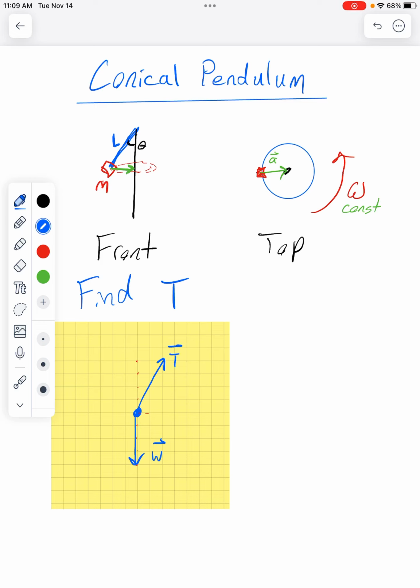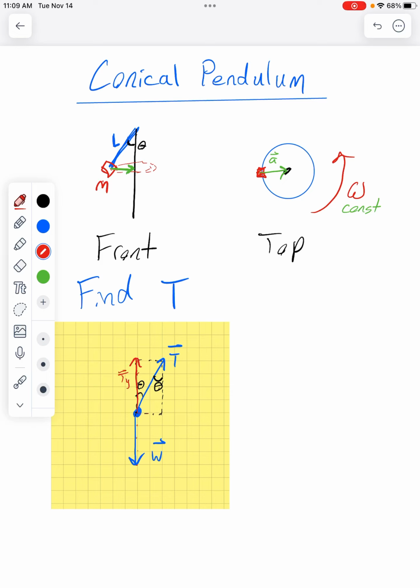So here we have the tension vector, and if we look at the angles in these triangles, we see that this is the angle theta, and if you really want, this is also the angle theta. And I will let you do some geometry to figure that out for yourself, but the idea here is that there are two components.